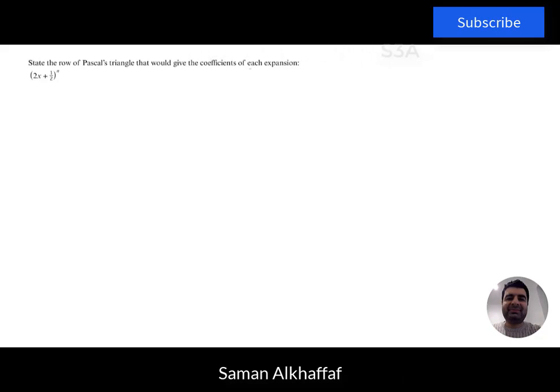In this example, we are asked to state the row of Pascal's triangle that will give the coefficients for the expansion of (2x + 1/2) to the power n.